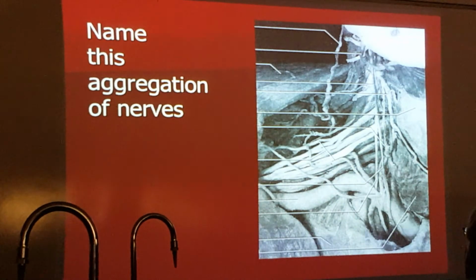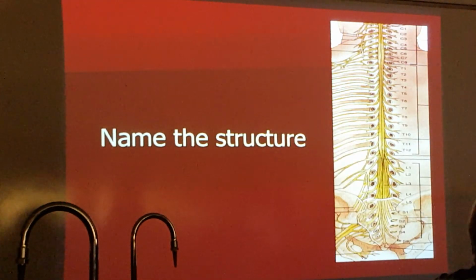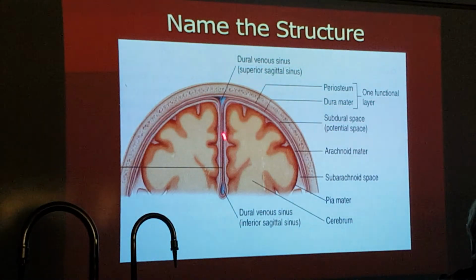So here's a little quiz. What's that structure? This is brachial plexus, isn't it? So what's that? Well, it's kind of hard to say, but conus medullaris. And what are those? Cauda equina. How about that? Filum terminale. How about that? Falx cerebri.